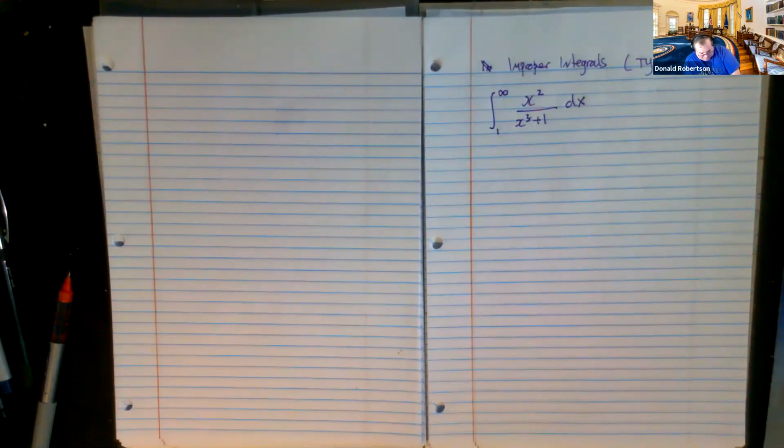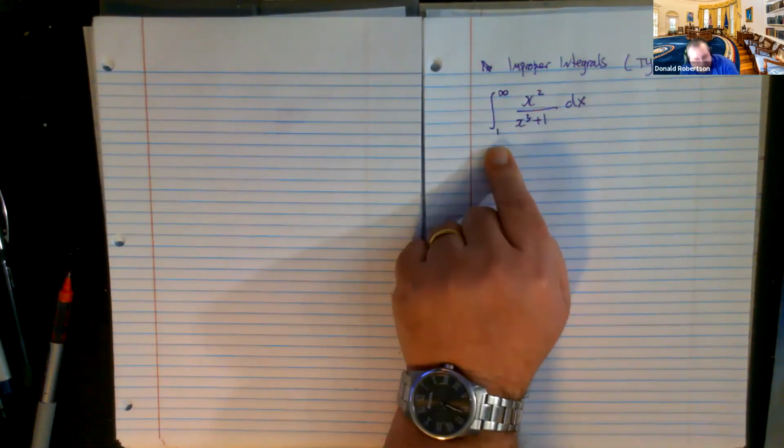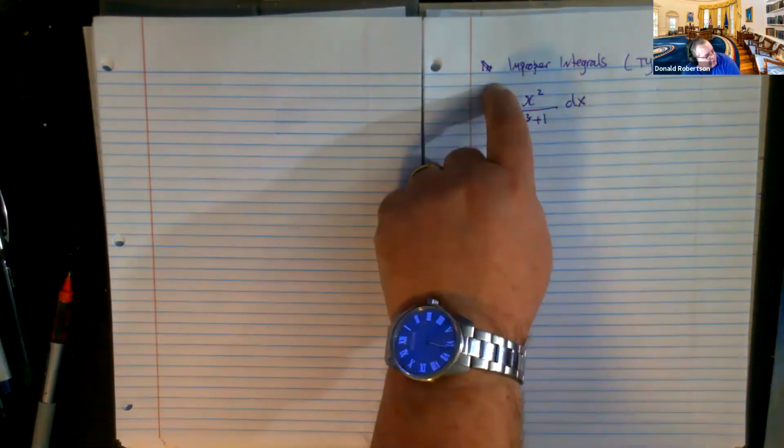You're going to be asked to find the integral from 1 to infinity of some fraction. Like that. Now, that is not a typical integral, because normally you don't get integrals where one of the limits of integration is infinity. But in this case, that's exactly what you get.